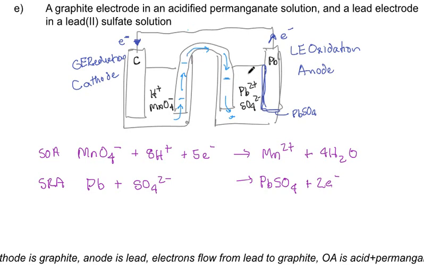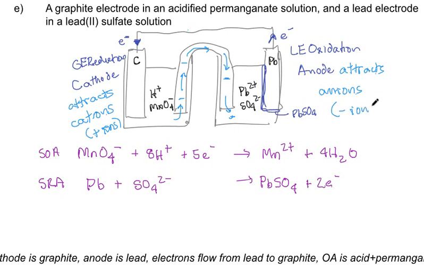It also makes sense that positive ions, which we call cations, will flow toward the cathode. So the cathode attracts cations, which means positive ions. The anode attracts anions, meaning negative ions.